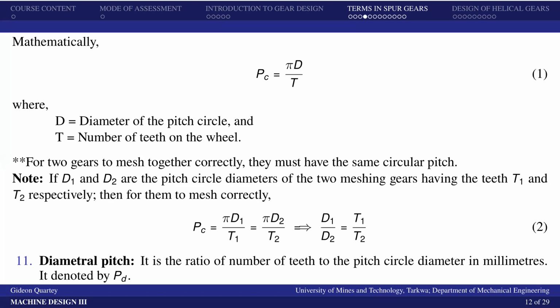For two gears to mesh together correctly, they must have the same circular pitch. That is what you should understand here. Note that for two gears to mesh correctly, the circular pitch for the two has to be the same.